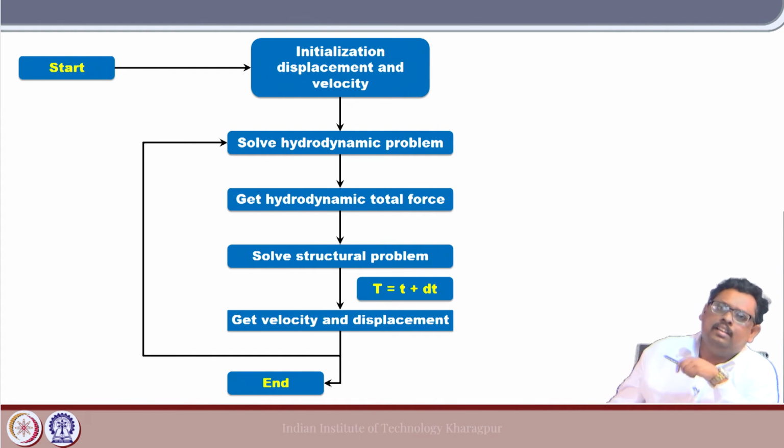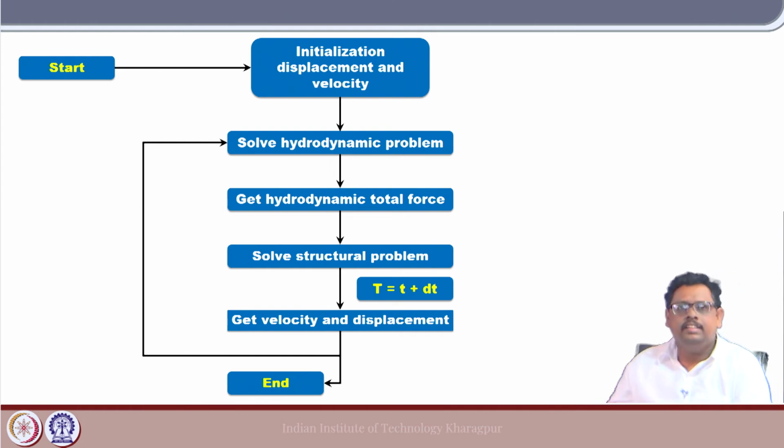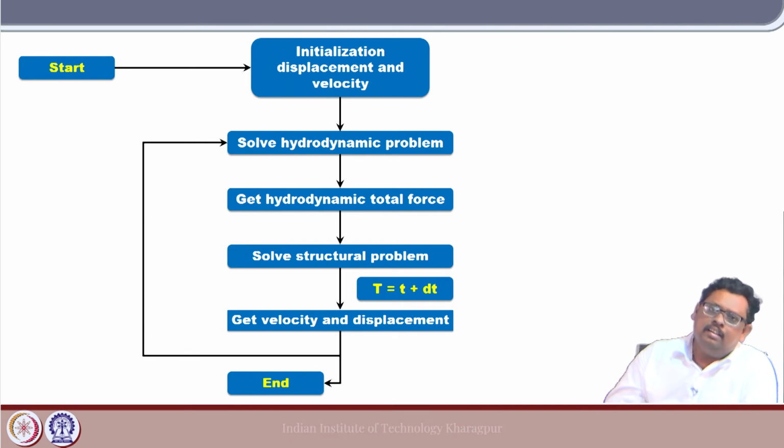So, now how can we do this fluid structure interaction problem? It is as follows. Initially we have to make the velocity, the displacement, the acceleration, that is our input. So, everything has to be initialized. So, we make everything 0, and then we solve the hydrodynamic problem.